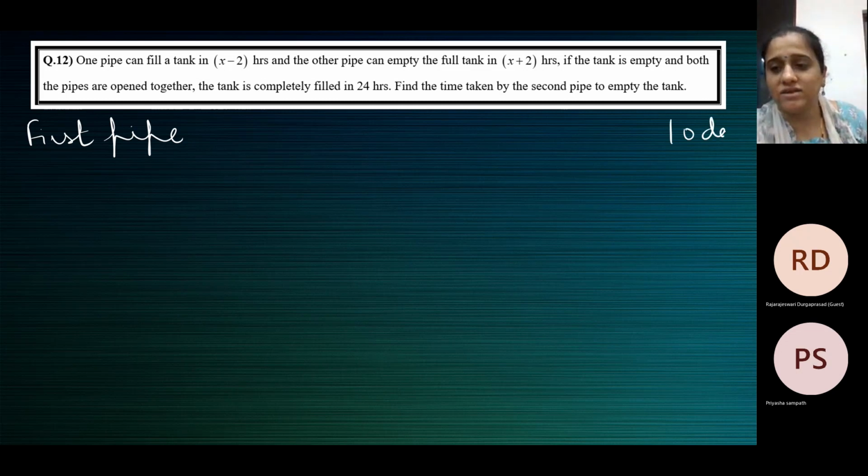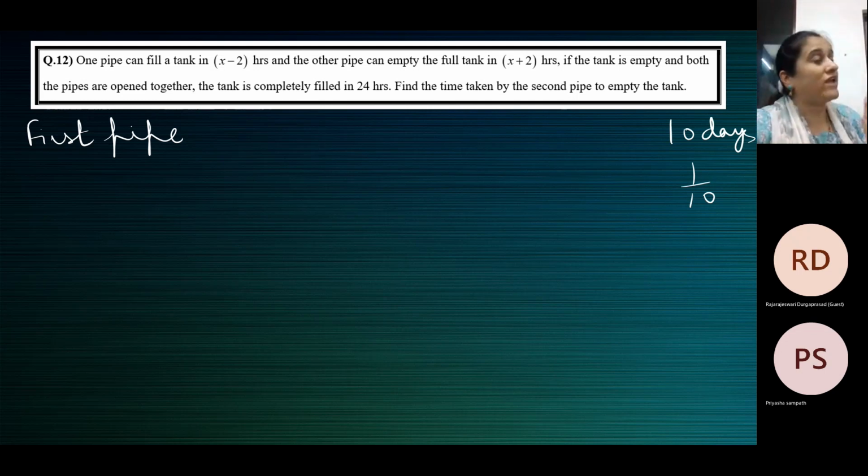See, if you can finish the work in 10 days, in 1 day you finish 1/10 of the work. So the reciprocal of the time taken is the fraction of the work done in unit time. 10 days means 1/10 of the work every day. 10 hours means 1/10 of the work every hour. 10 minutes means 1/10 of the work every minute.